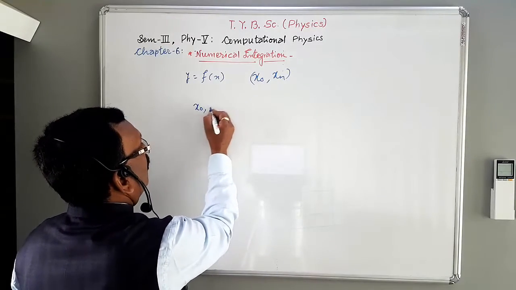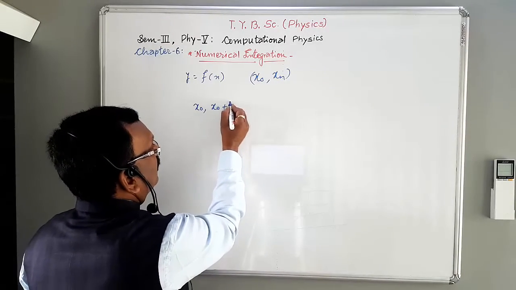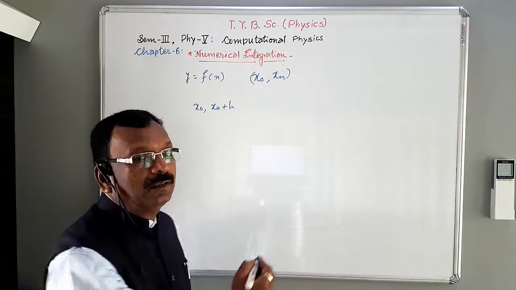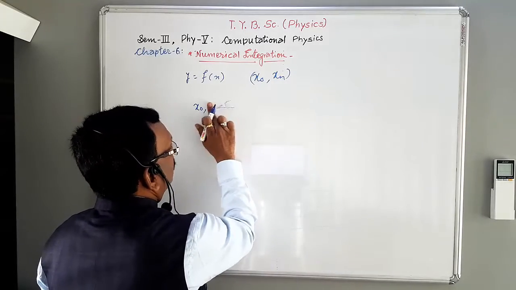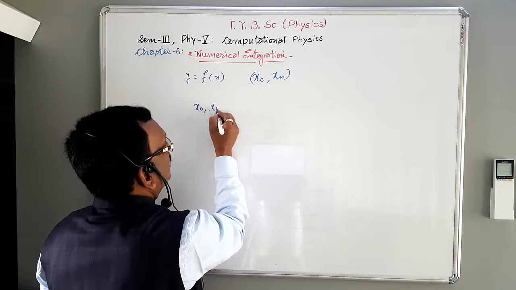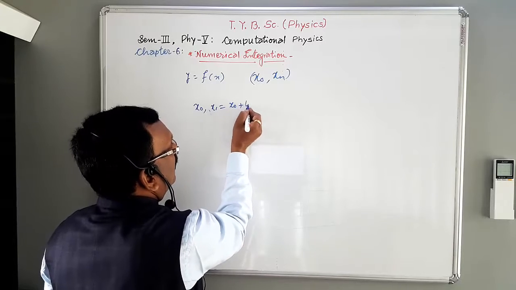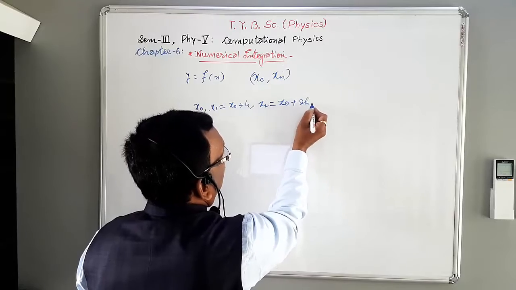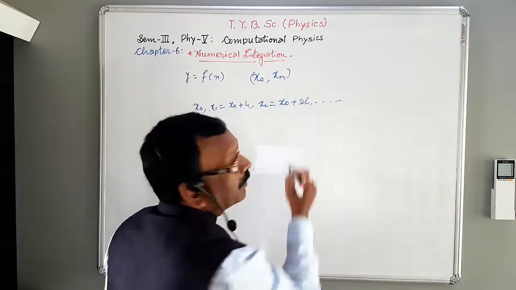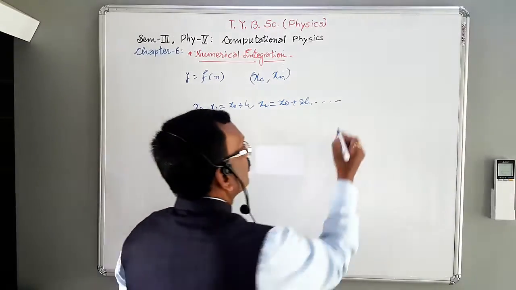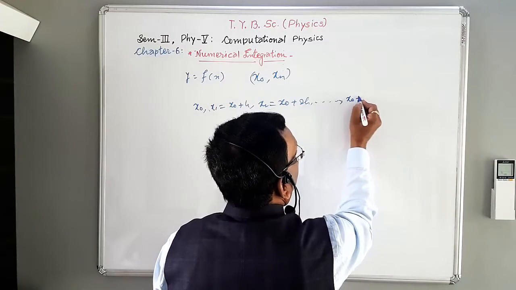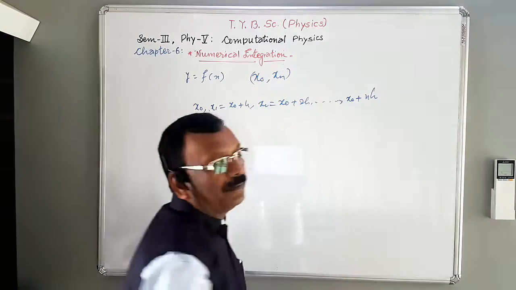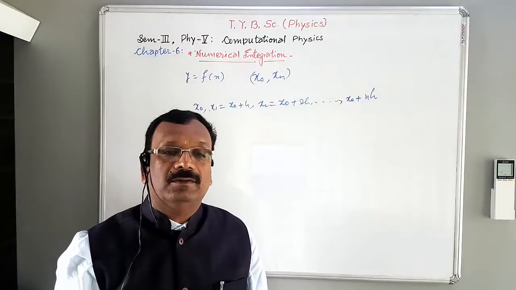x0, x0 plus h, which is nothing but x1 equal to x0 plus h, x2 equal to x0 plus 2h, and so on up to x0 plus nh, where h is the interval.